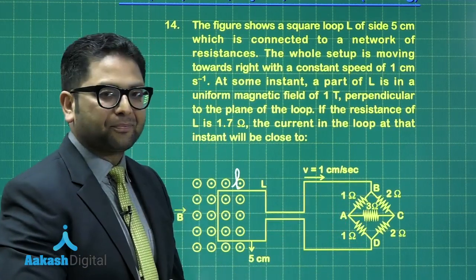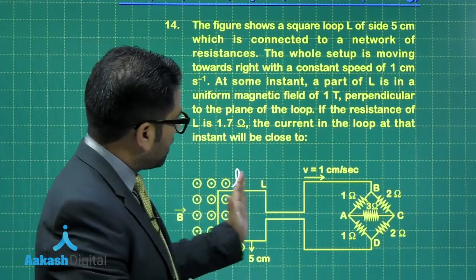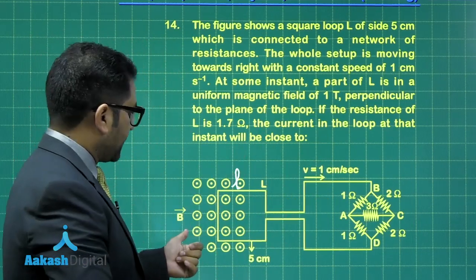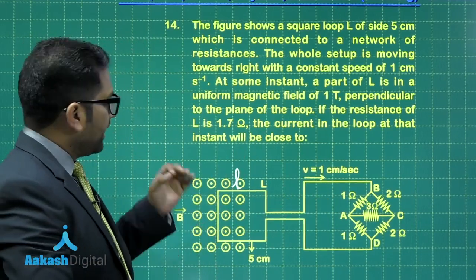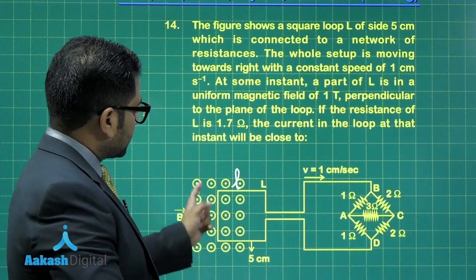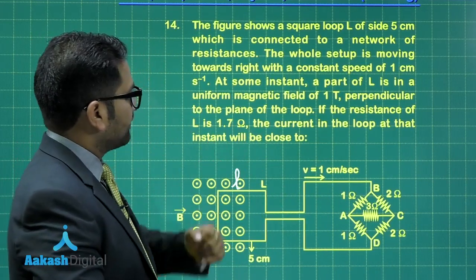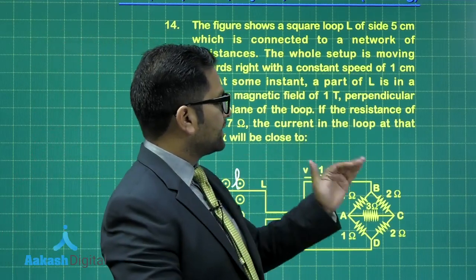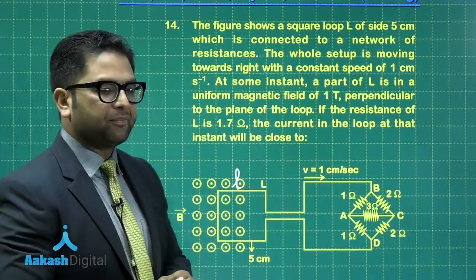And this thing is being pulled with a speed of 1 centimeter per second. The magnetic field has been given 1 Tesla, and the resistance of the entire loop L has been given 1.7 ohm. We need to calculate the current in the loop at this instant.